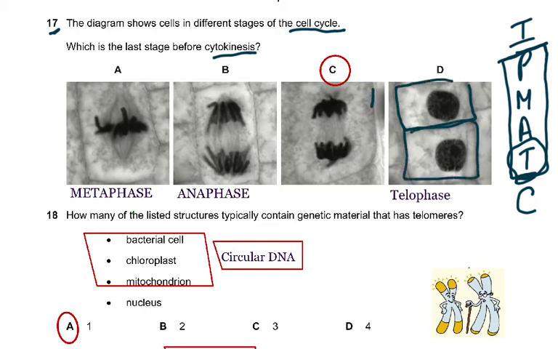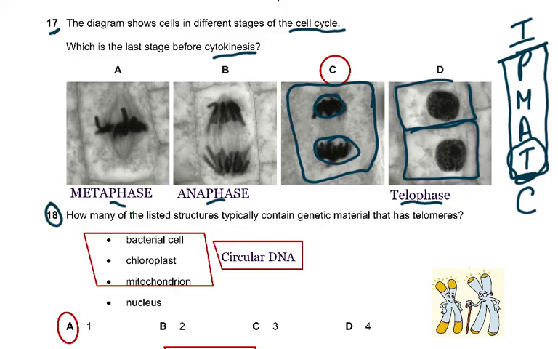In telophase, the cell is one, but there are two nuclei. So we have to understand what we are trying to find. So this is metaphase, anaphase. Of course, this is not written in it, but I have just written these on top of it. So telophase.